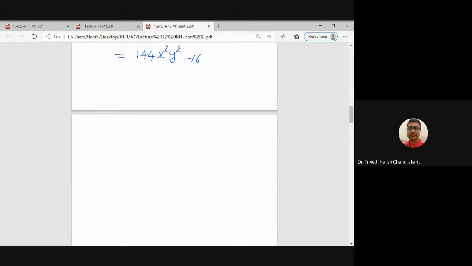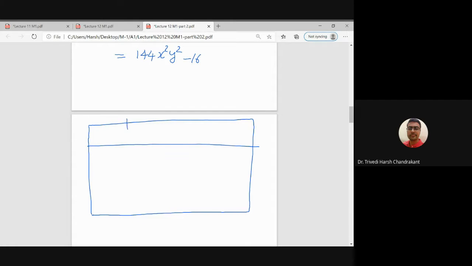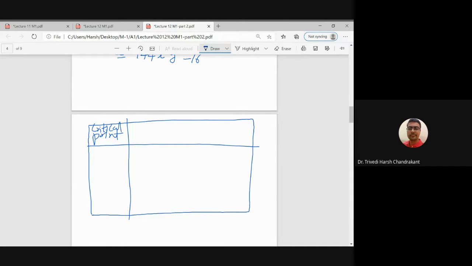Now in the next lecture what we are going to do is write down all the critical points. We shall find fxx at each point, that is minus 12x square.